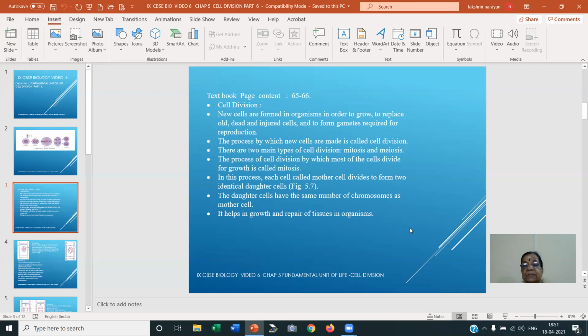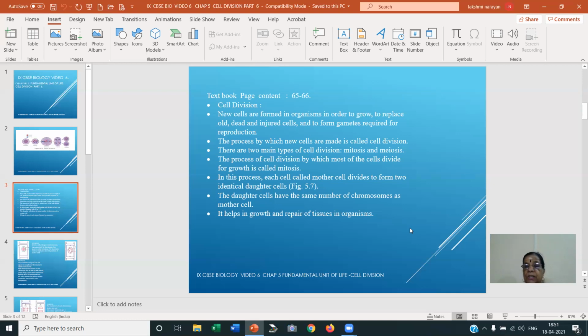The daughter cells have the same number of chromosomes as the mother cell. What does it mean? For example, in humans there are 23 pairs of chromosomes. As a result of mitosis, the new daughter cells also have the same number of chromosomes. So we say the chromosome number remains constant during mitosis, and it helps in growth and repair of tissues in organisms.